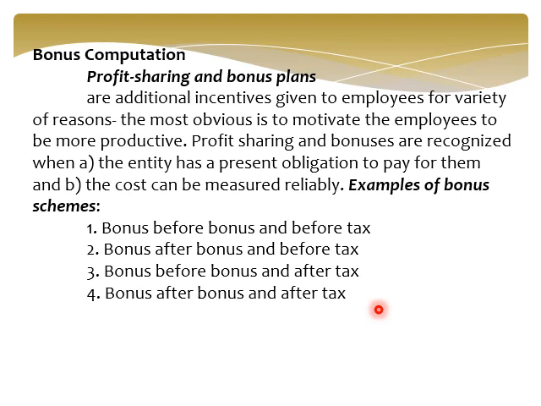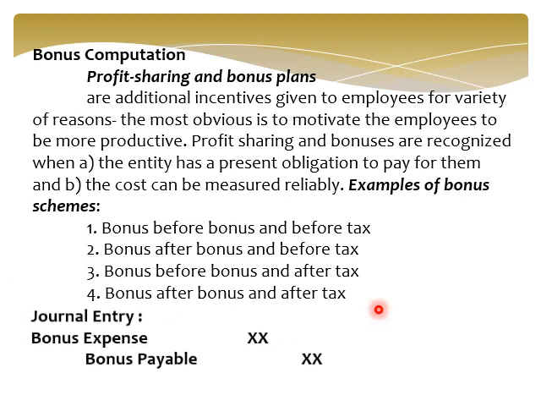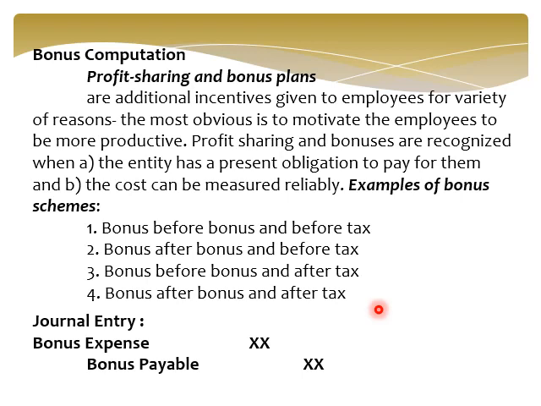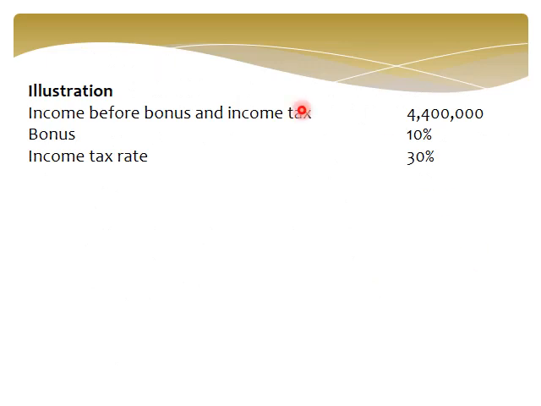To journalize, we have the following journal entry: debit bonus expense and then credit bonus. For our illustration, we have 4.4 million, a bonus rate of 10% and a tax rate of 30%.